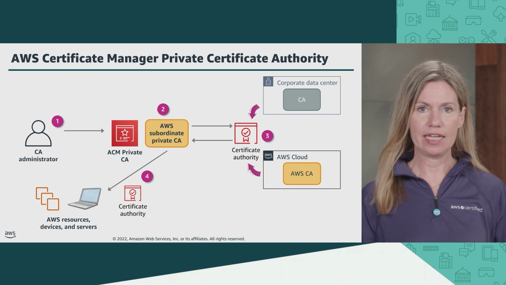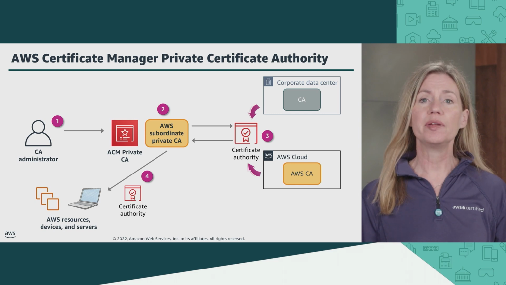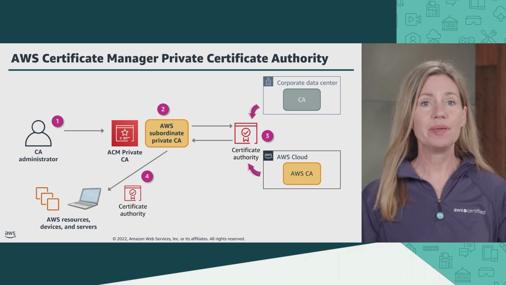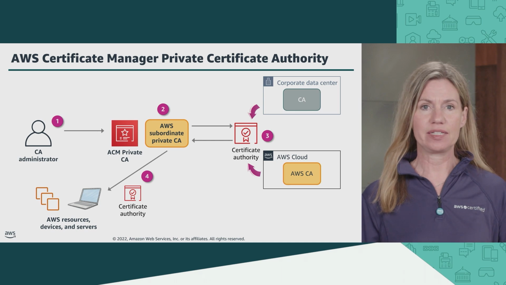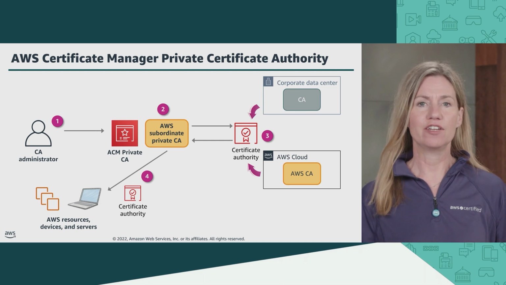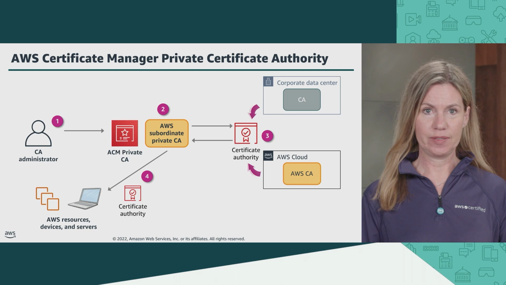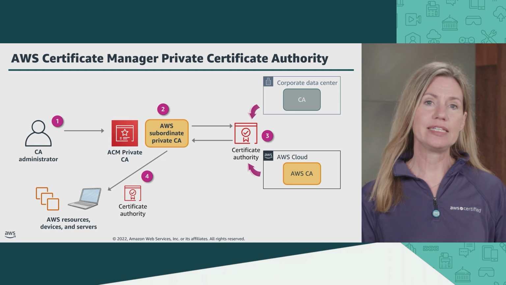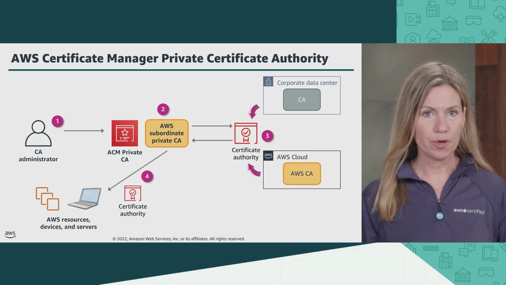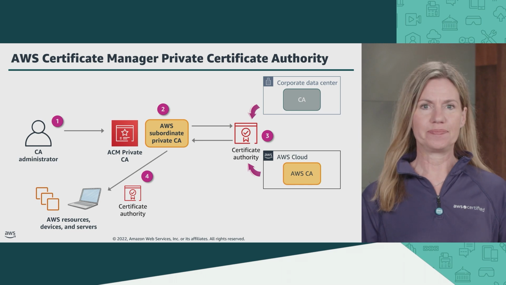ACM Private CA is for enterprise customers who are building a public key infrastructure, or PKI, inside the AWS cloud. The service is intended for private use within an organization. Certificates that a private CA issues are trusted only within your organization, not on the internet.